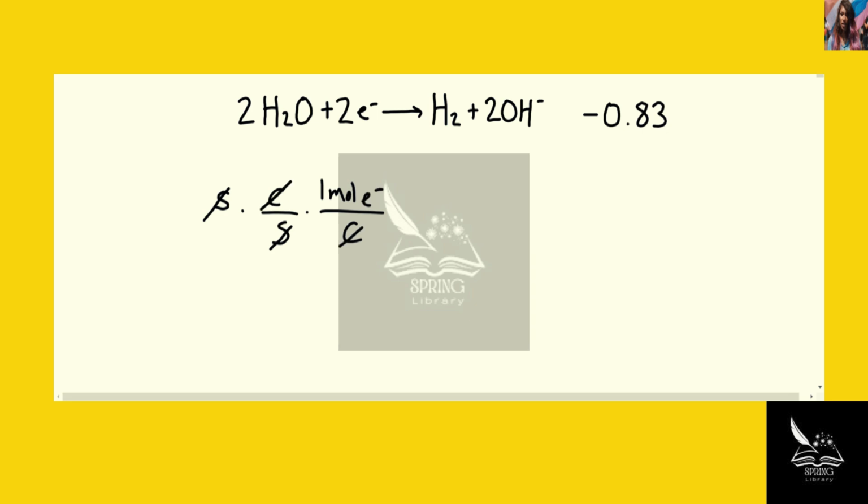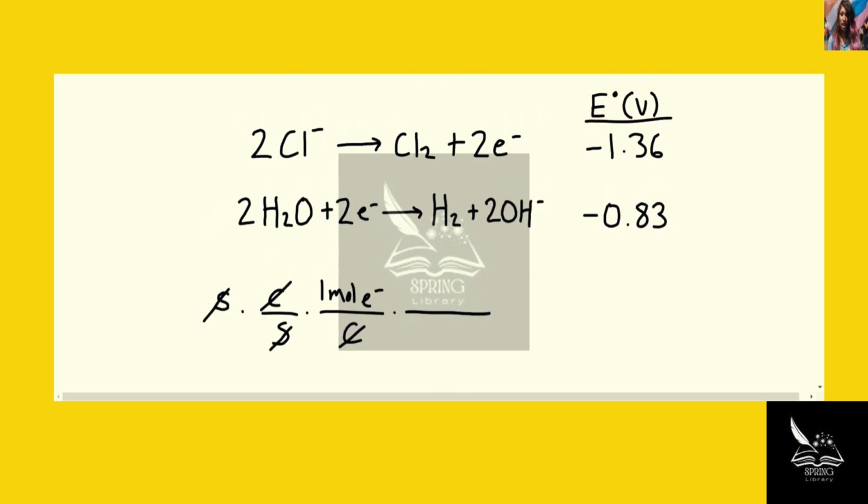So then we cancel off units of coulombs, and then we relate how many moles of electrons are involved in the production of, in this case, Cl2 and H2 gas. We see, based on the stoichiometry of both of our half reactions, that in either case, 2 moles of electrons react with 1 mole of Cl2 and 1 mole of H2.